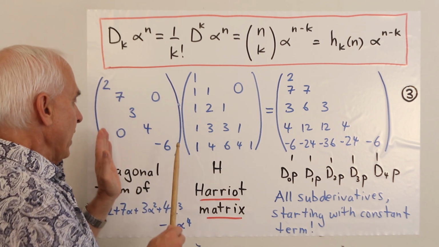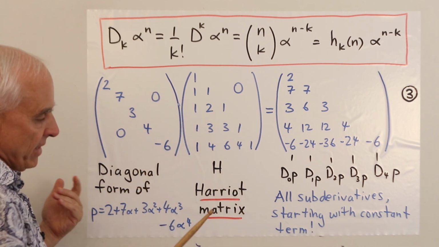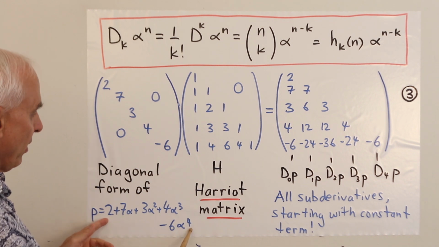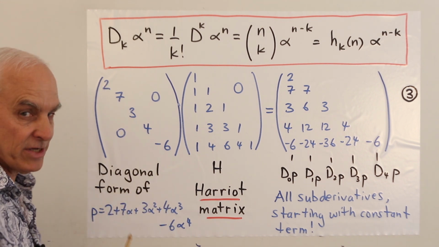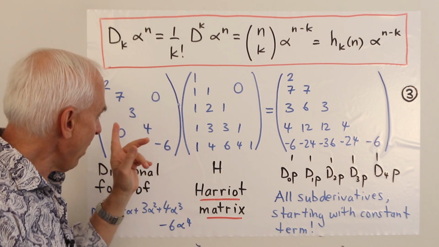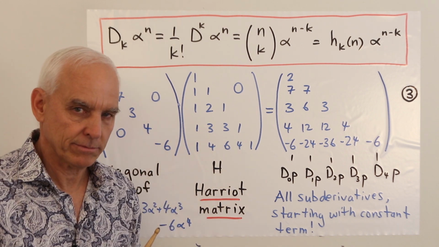So I'm taking this Harriot matrix, and I'm taking another matrix, which is a diagonal form of this polynumber that we're starting with, just putting the coefficients down the diagonal and zeros everywhere else. And consider what happens when we multiply these two matrices here.